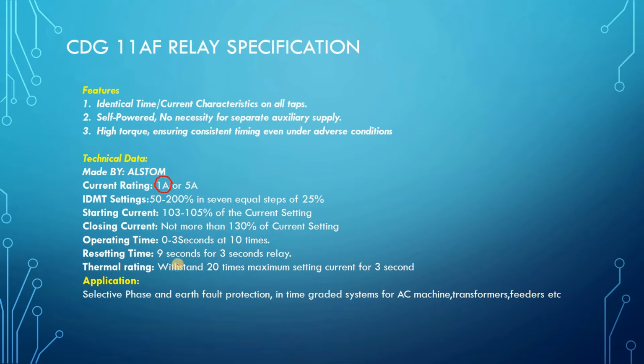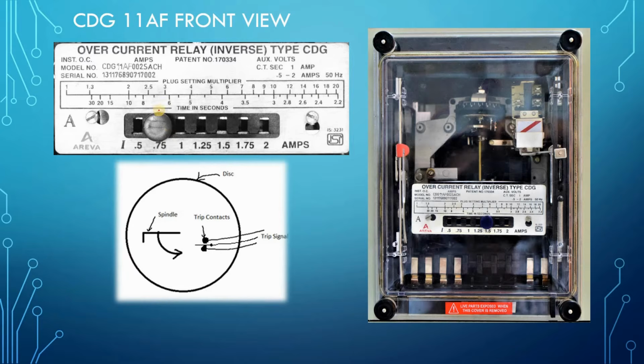It tells that this relay can withstand 20 times the maximum current setting for 3 seconds. So that means 20 times of the current setting. The current setting, I am calling the plug setting. Here you see 0.75 or 0.5 or 1 is the current setting, and 1 ampere is the current rating.